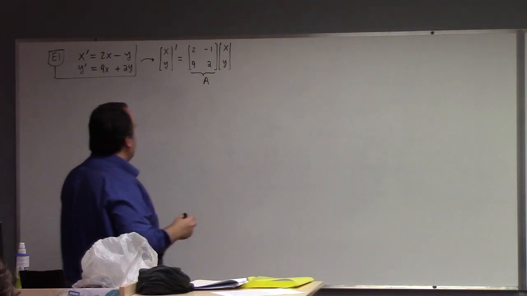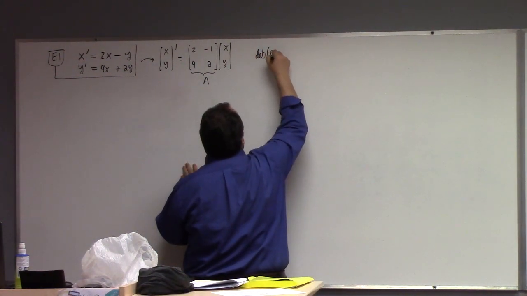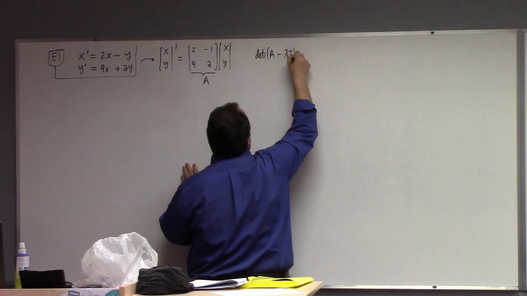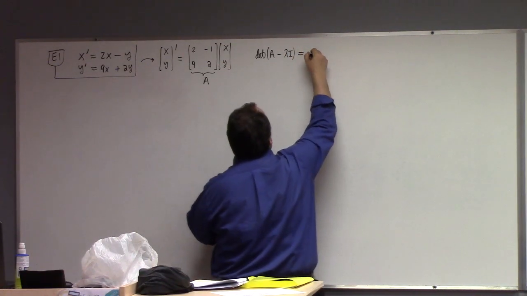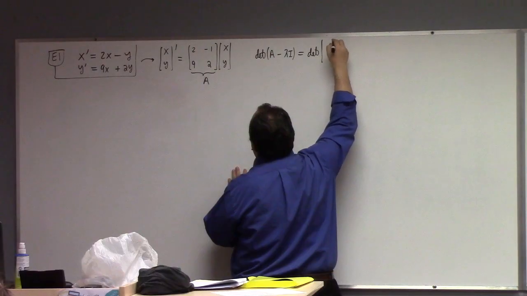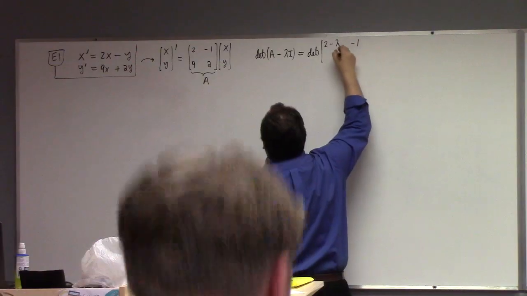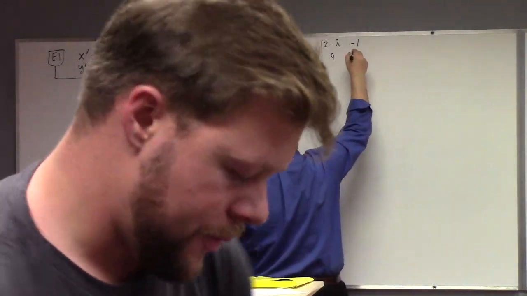And so I need to look at the determinant of A minus lambda I. So I'm looking at the characteristic equation derived from taking the determinant of [2 minus lambda, -1; 9, 2 minus lambda].